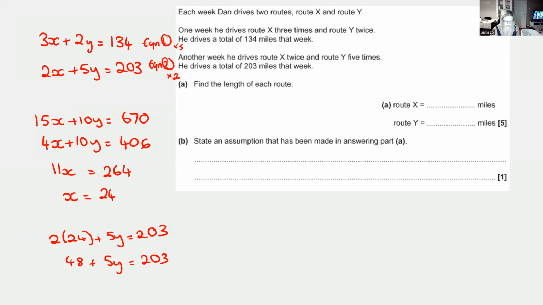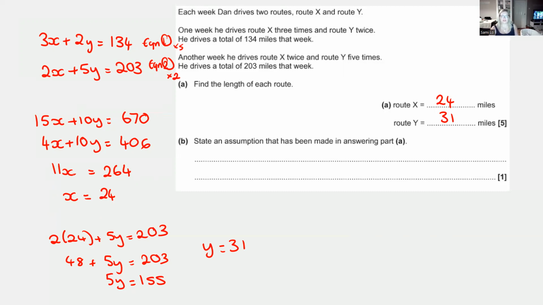And we're doing 203 take away that 48, which gives you 155. So y is going to be 31. So we can write those straight in. So x is 24 and y is 31. Again, if you want to use the method to check, use the other ones to do that.